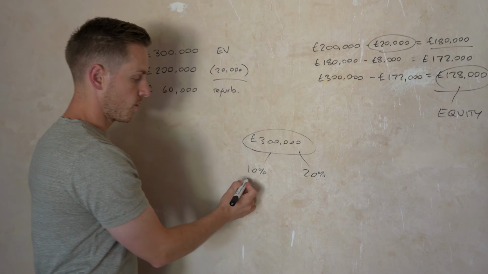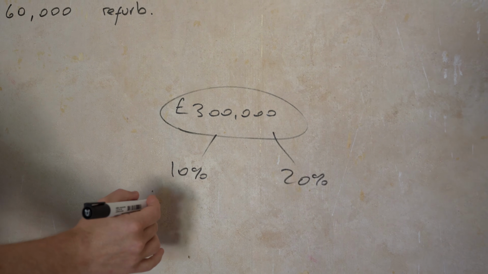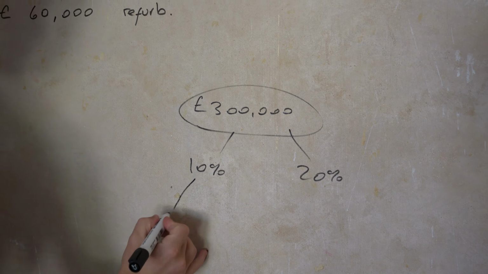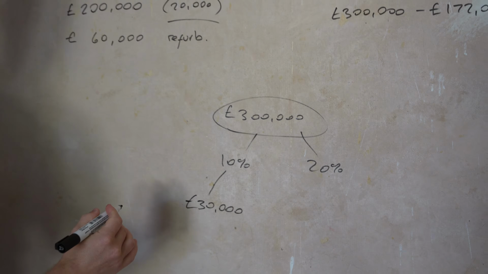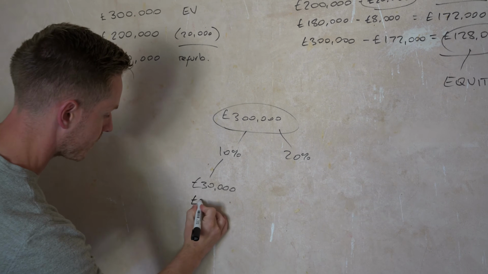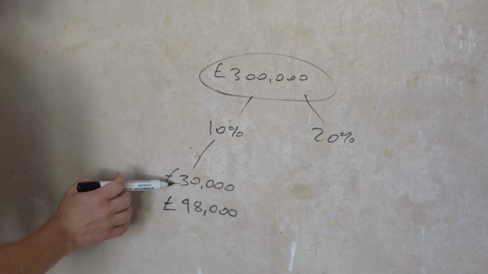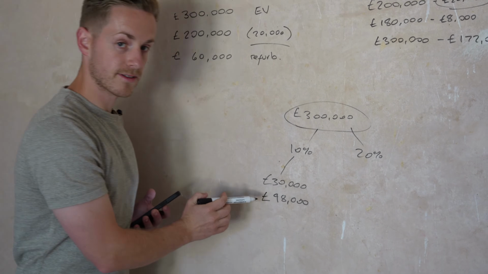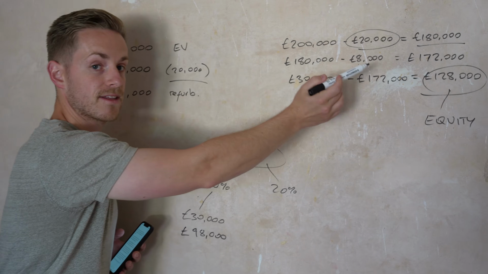If we go down the route of a 10% deposit and leaving that in, then of course we're going to be leaving in 30,000. And this means that we can therefore be pulling out more money and actually pull out 98,000. So that's 30 leaving in and 98,000 coming out the property. Because remember, our total is 128,000.